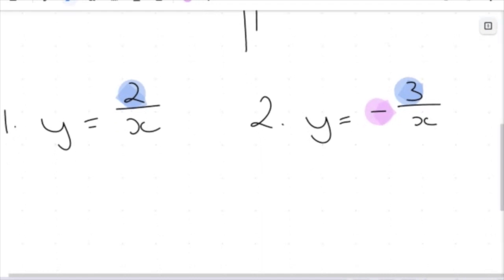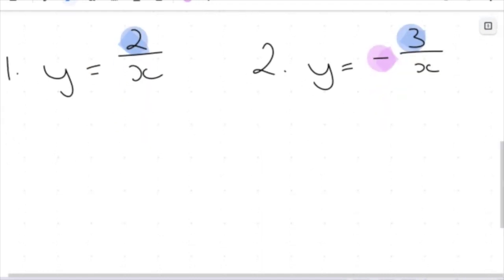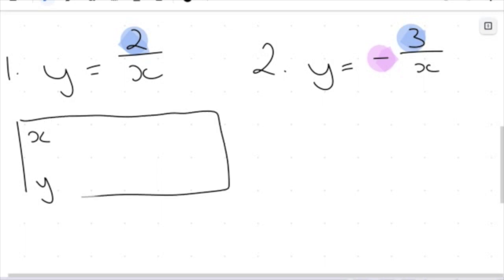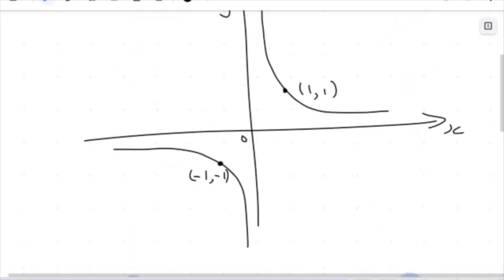Okay, so for this first question, y equals 2 over x, we're going to once again just draw a table of values so we get an idea of what's roughly happening here. It's important to note as well, on the new graphs that I draw on this axis, I'm going to put in some points of scale to see what happens in the y when x equals 1 and -1.